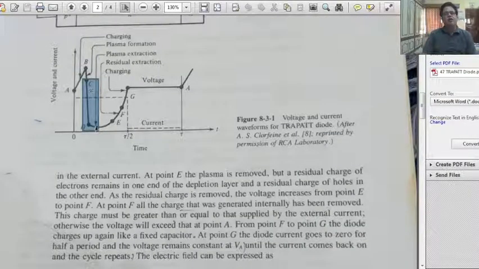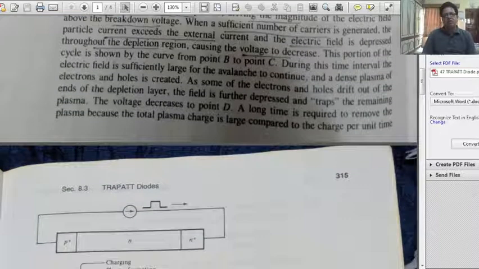C to D is plasma extraction, and the voltage is depressed.